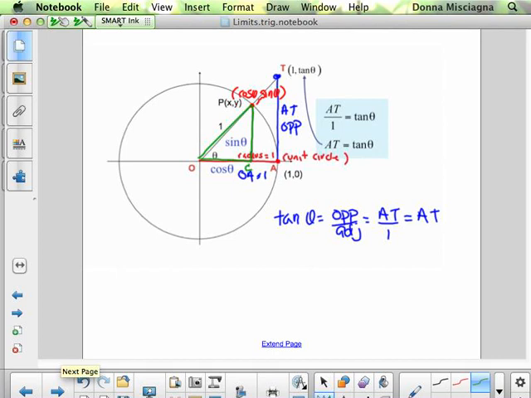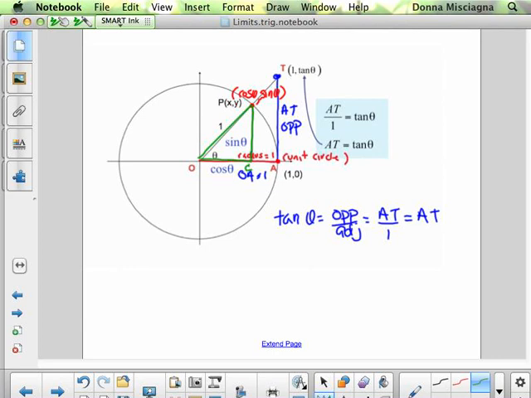And we know one side is 1, but it's got 2 other variables in it. One side is cosine theta and the other side is sine theta. We have a second triangle, which is triangle OAT, and one side is 1, and then one side is tangent theta, but we don't know what OT is.